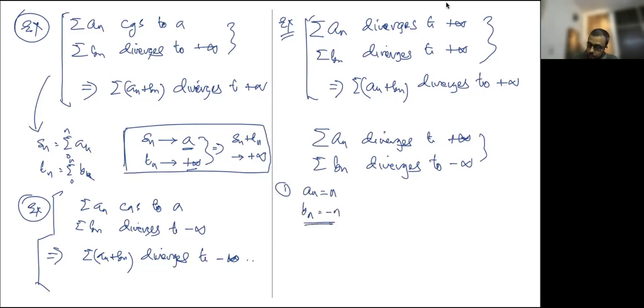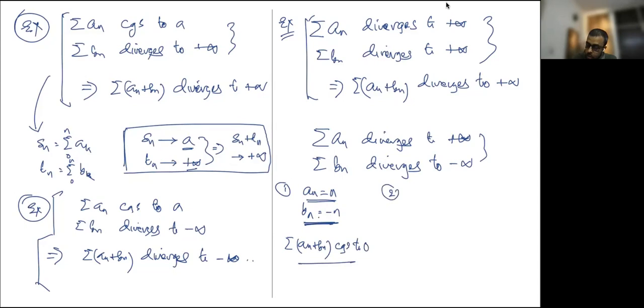Then what is a_n plus b_n? a_n plus b_n is 0. So in this case, summation a_n is plus infinity, summation b_n is minus infinity, but summation a_n plus b_n converges to 0.